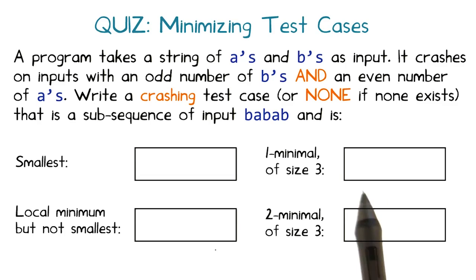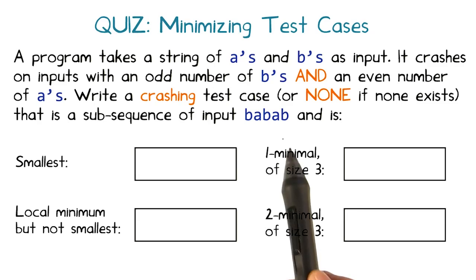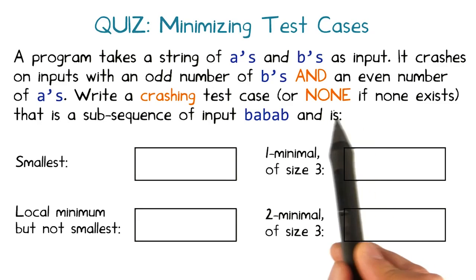Third, find a one minimal failing test case of size 3. And lastly, find a 2 minimal failing test case of size 3. If no subsequence of BABAB exists that satisfies the constraints, enter the word none instead.